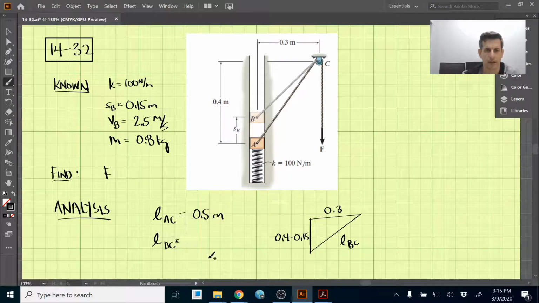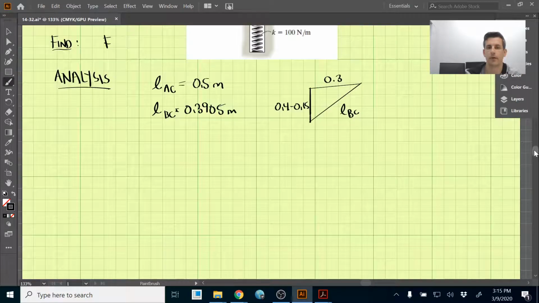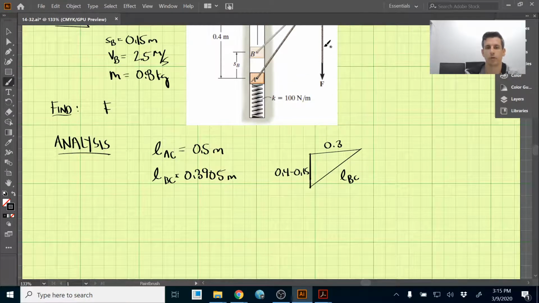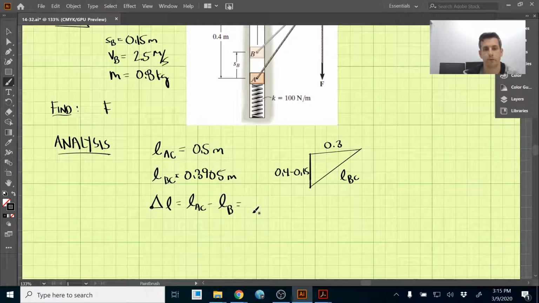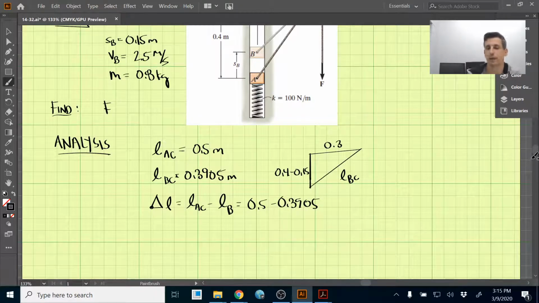Using the Pythagorean theorem, we get LBC is equal to 0.3905 meters. If we're looking for the work term, we're going to want to see what the change in these lengths will be, and that's going to be LAC minus LBC, which is 0.5 minus 0.3905.